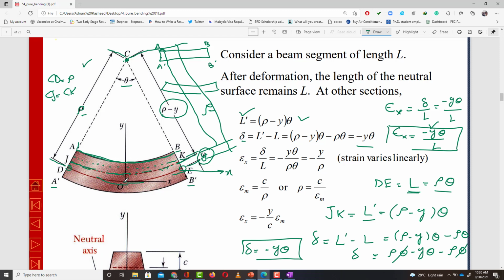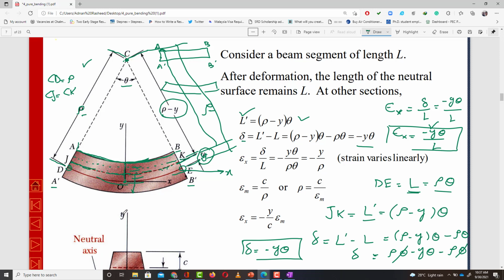So this was the neutral axis. As you move away from the neutral axis, the strain will increase. So at this plane there will be strain, this plane, this plane, but maximum strain will be on the top. Clear? At the top the strain will be maximum, but it will be negative, meaning there will be a contraction. Similarly, y also varies below the neutral axis, but there is tension.